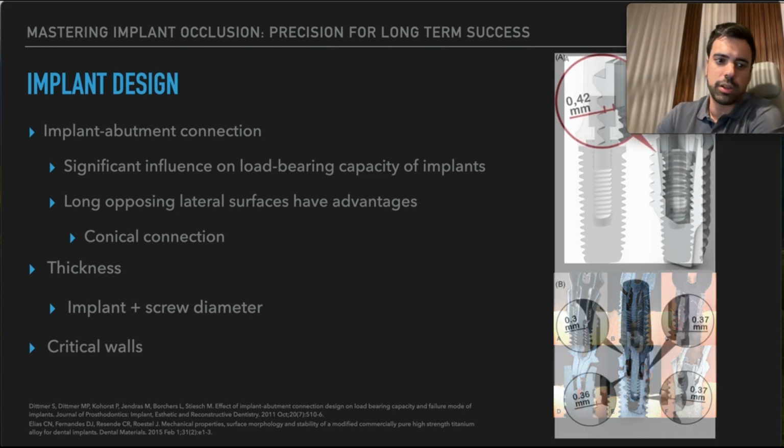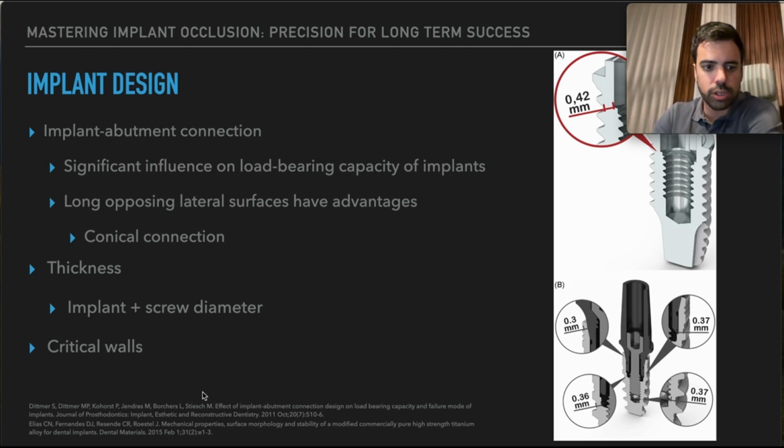When we talk about critical walls, Elias was talking about how in this area here, that's where you get the fractures. This is an external connection, and you only have 0.42 in the system that he was studying, where in this one you may have different thicknesses, but the loads are more well distributed compared to this one, where the load always goes to this area.